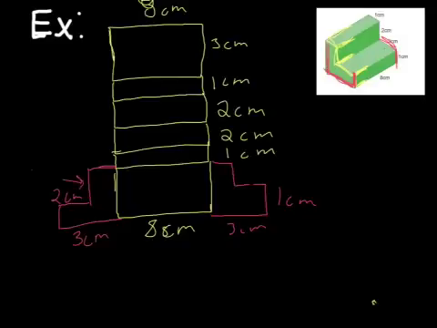This distance here is 2 centimeters. Got to reference my photo. And then 1 centimeter. So we have just created the net of the 3D surface to the right here.